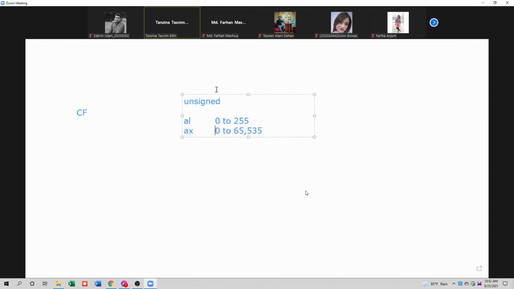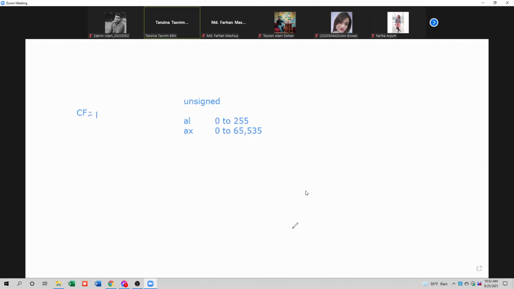When an arithmetic operation is done on unsigned numbers and we get a result outside the range, that means the result is less than the lower bound or greater than the upper bound, then the value of the carry flag will be 1. Otherwise its value will be 0.